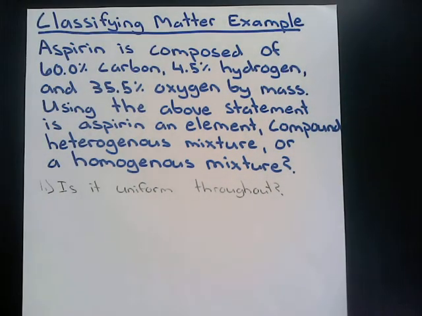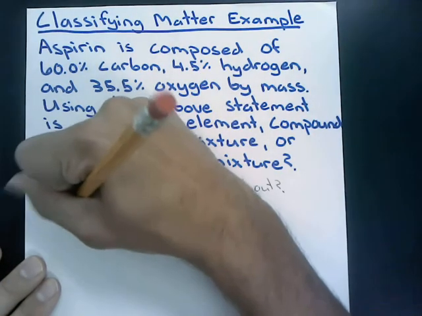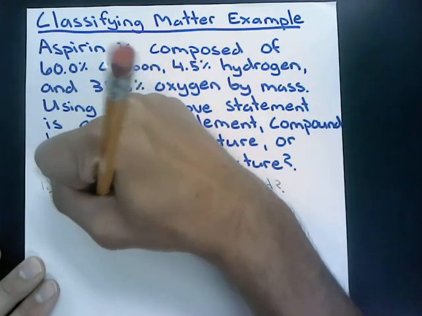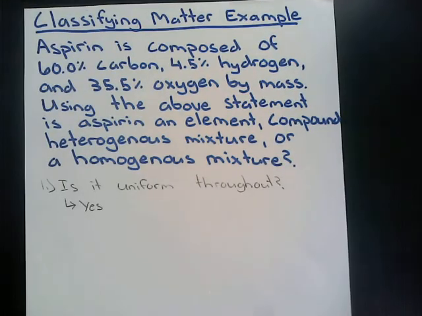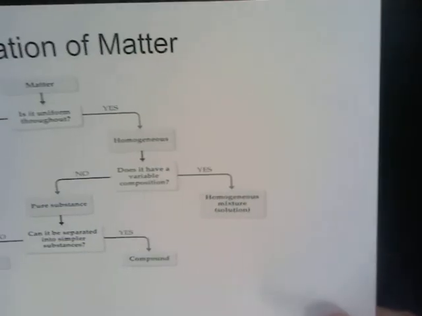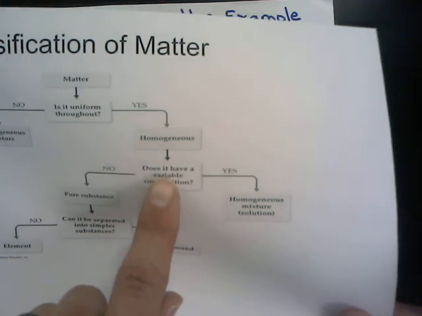Well, if you get an aspirin from Walgreens or Walmart or wherever you get aspirin, it is going to be uniform throughout. There's not going to be inconsistencies in that pill, or else they would never get approval from the FDA. So the answer is yes, it is uniform throughout. It's consistent. And so if we follow this chart, we get an S.